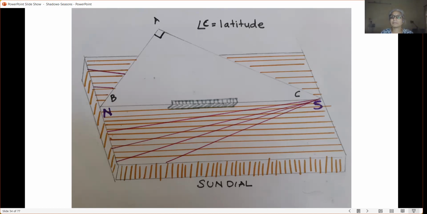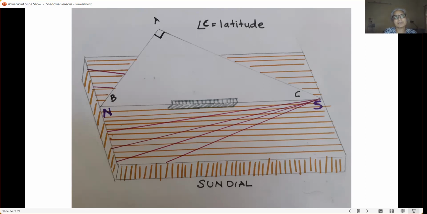And then place this device in the open where sunlight is available, and place it such that this base BC lies along the north-south line. So by observing the shadows, we know how to find the north-south line. So place it along the north-south direction, and then you can calibrate it.